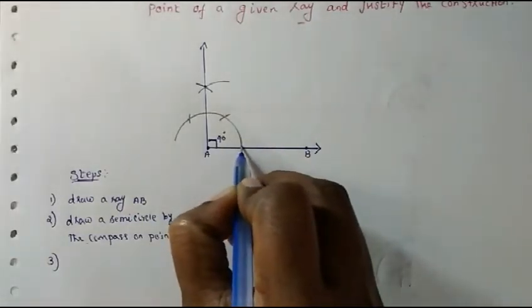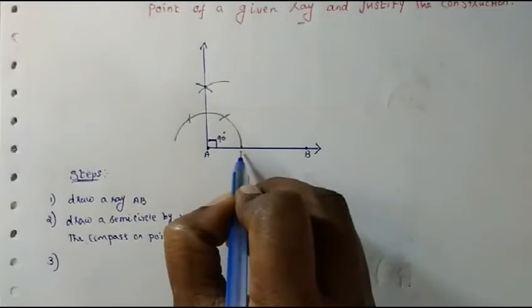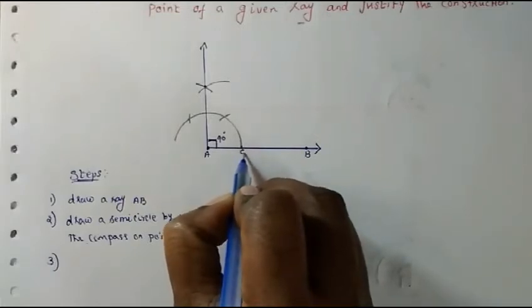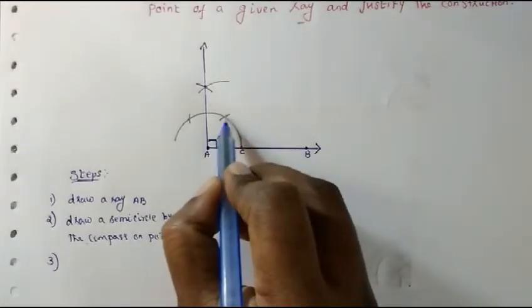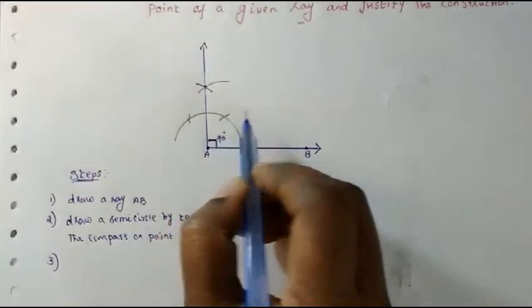Next, after drawing the semicircle, we kept the compass here. You can give a name for this point, you can keep name C. Keep the compass on C and intersect the semicircle.